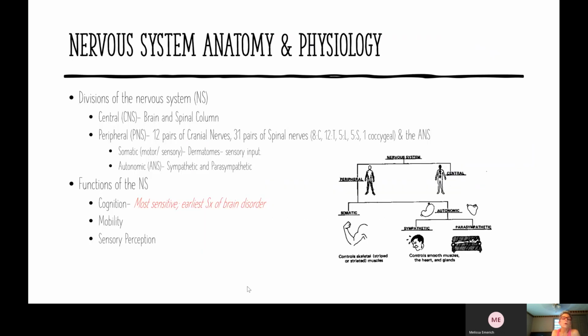All right, so jumping into how are we going to break down the nervous system from the anatomy and physiology perspective? So with most things, it is so much easier if we just divide things up, divide and conquer, right? So obviously we have a central and a peripheral nervous system. The central is real simple, the brain and the spinal cord.